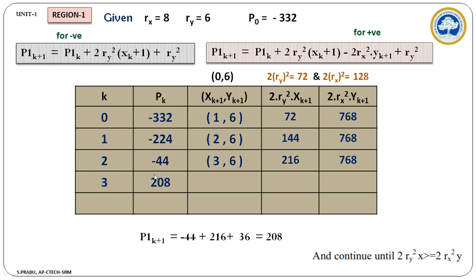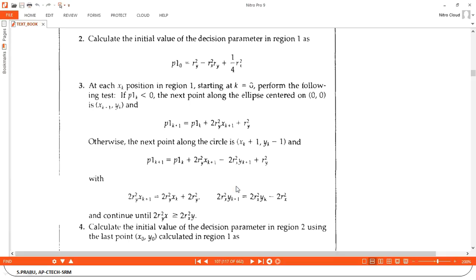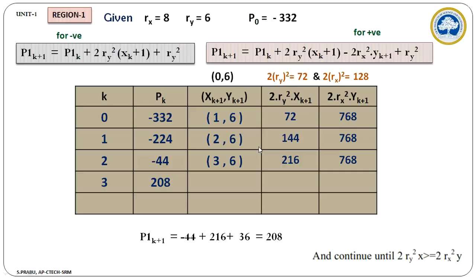So now we get a positive value. For a positive value, I increment the x coordinate value and decrement the y coordinate value. That is given in the algorithm. So I increment the x coordinate value, that is 4, 5, and calculate this term, that is 72 into 4, 288, and 128 into 5, 640.